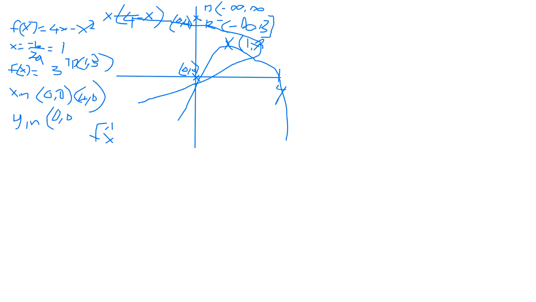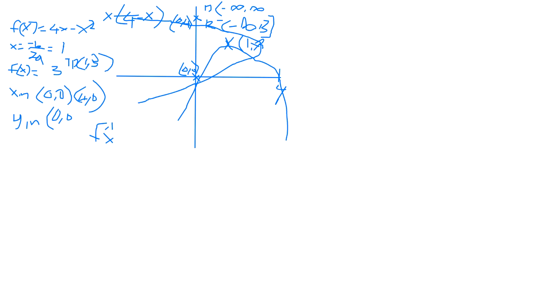Does it make sense to you? Exactly, yes. So the same thing for the domain. For the inverse, the domain will become the range and the range will become the domain.